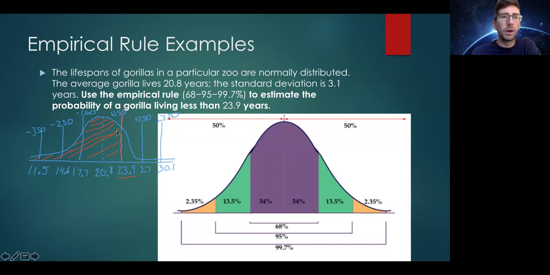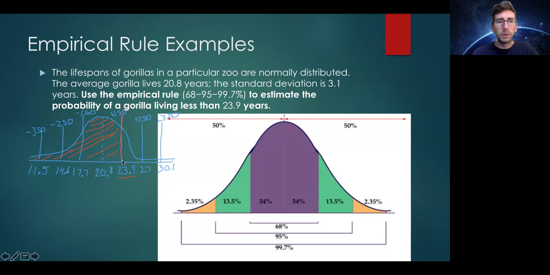So how can we find this area under the curve? Well, 23.9 is exactly one standard deviation above our mean. And we know all the percentages of our population specifically, right? That will be under the pieces of this curve.